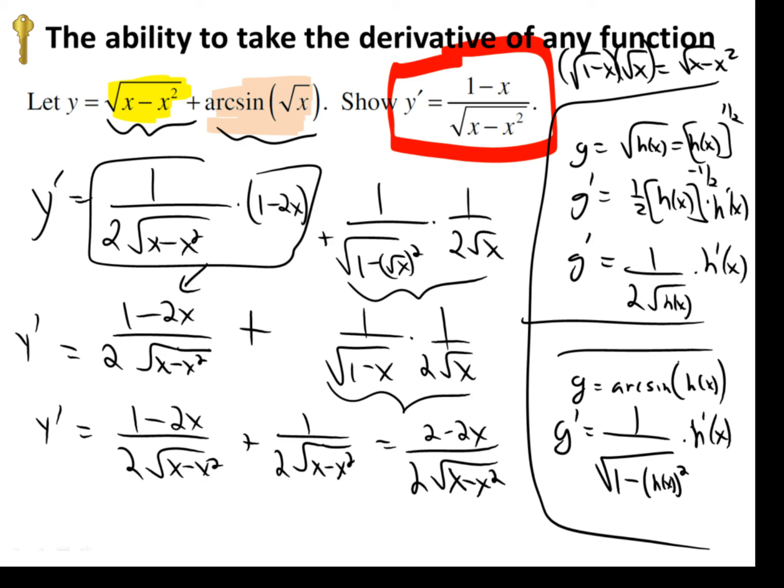Last step. Take out the 2. And then you're done. When you take out the 2, you'll have 1 minus x. It cancels with the 2 from the denominator, and you did it. 1 minus x over root x minus x squared.